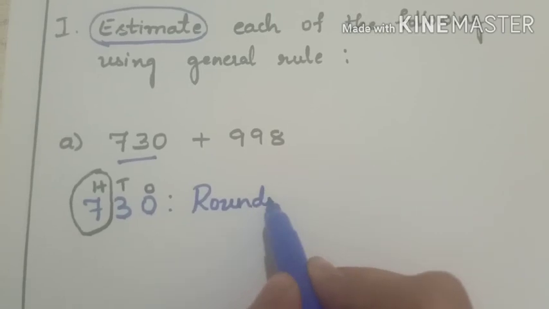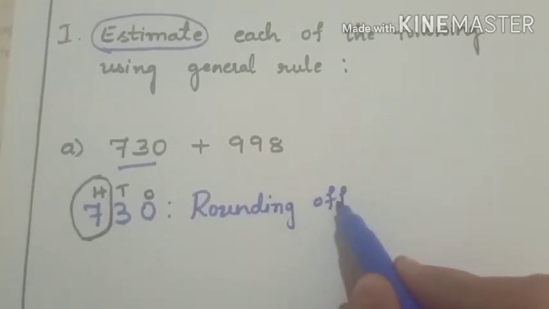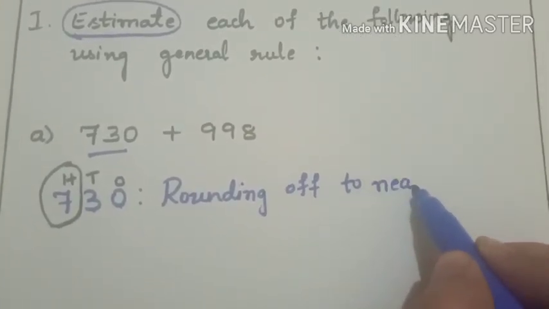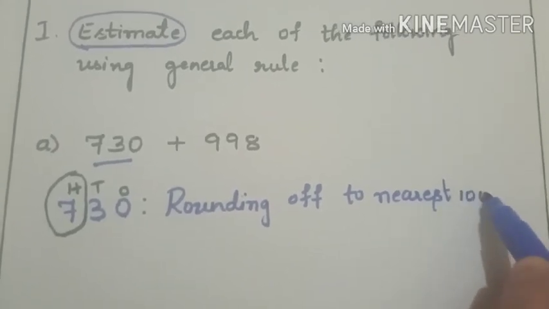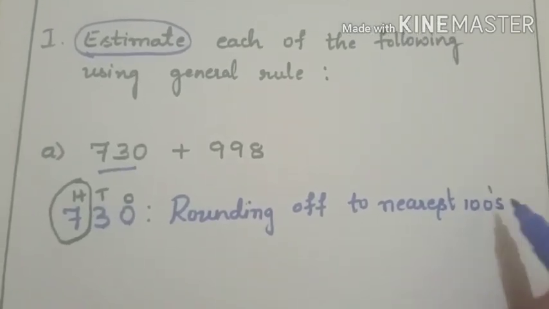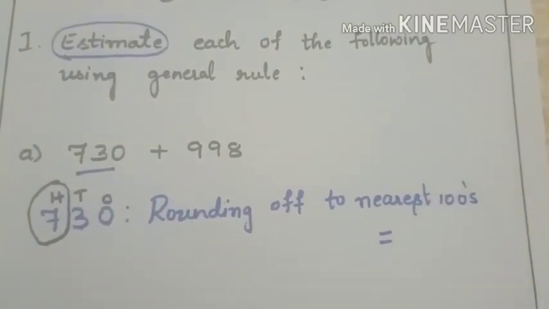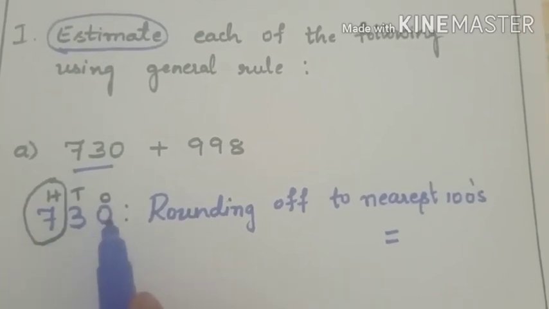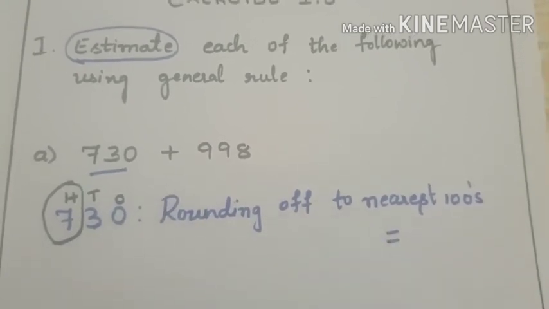write down the sentence. Rounding off to nearest hundreds is equal to, what is the answer we get? While you are rounding off to the nearest hundreds, you have to check the tens place.